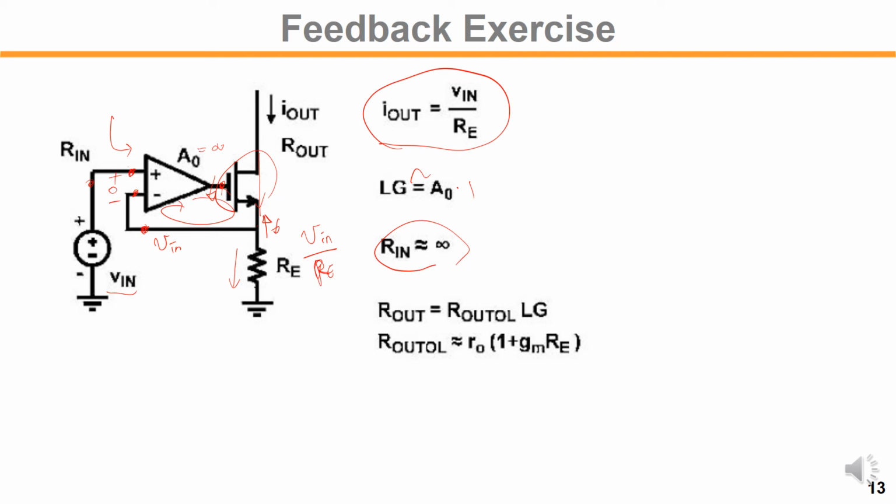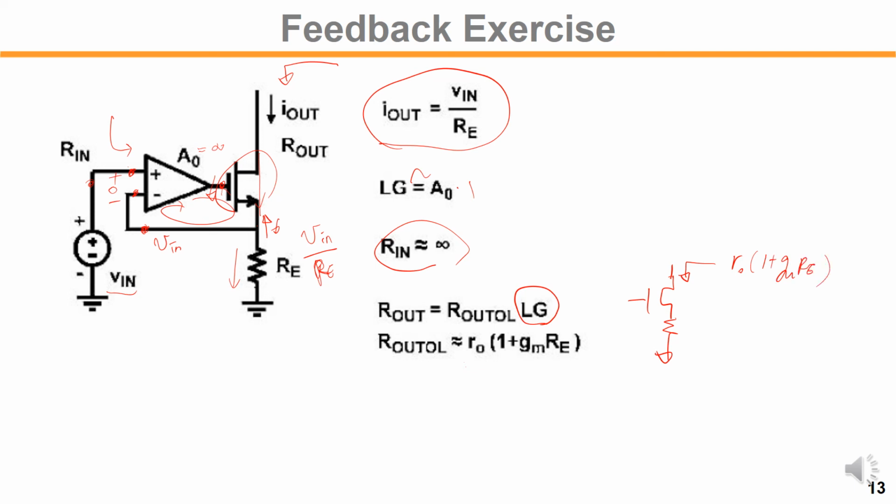The overall output impedance with this kind of negative feedback would be increased by the loop gain. What was the output impedance of the conventional common source stage with degeneration? It is RO times (1 plus gm RE).